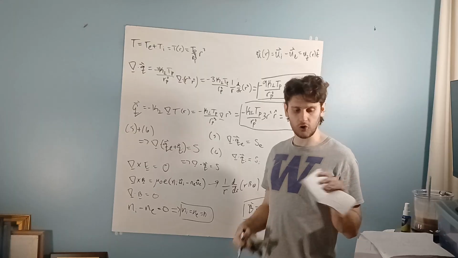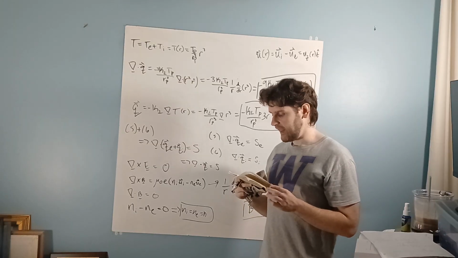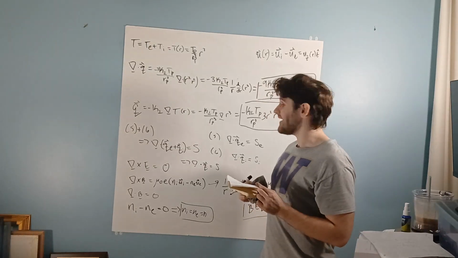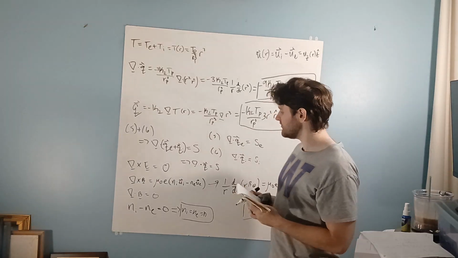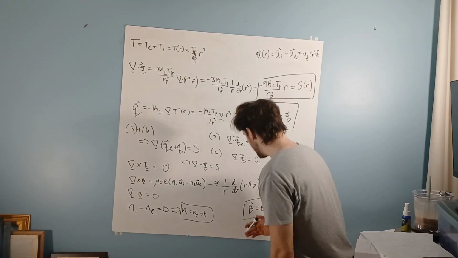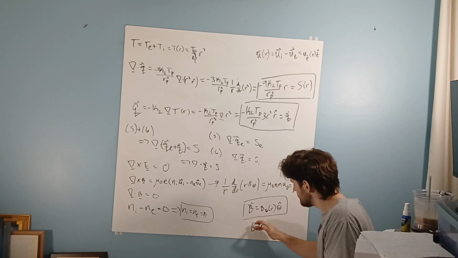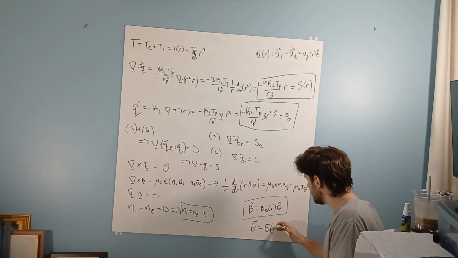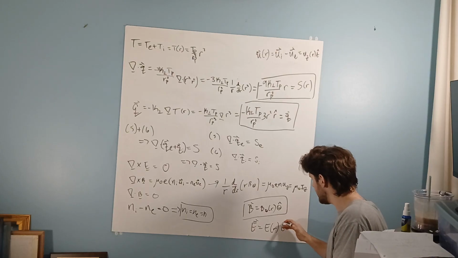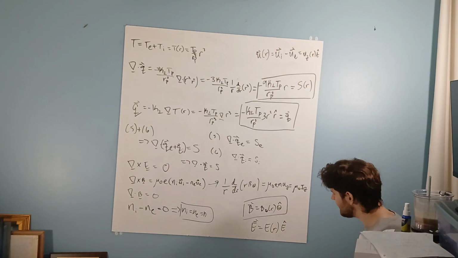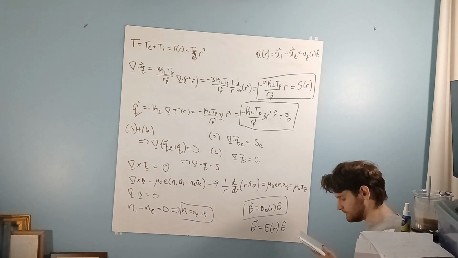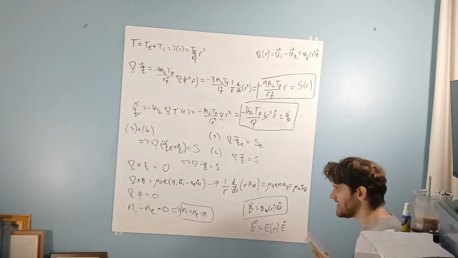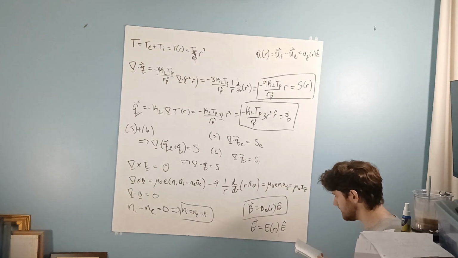And because of the axisymmetricity here, the electric field equals E of R, and I'm just going to say an E hat direction. Doesn't matter what the E hat direction is, right?